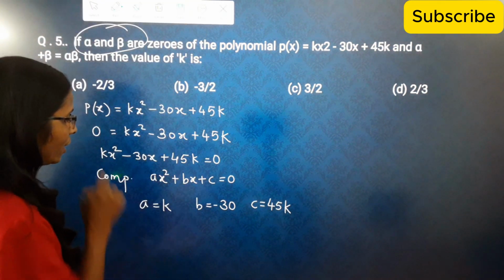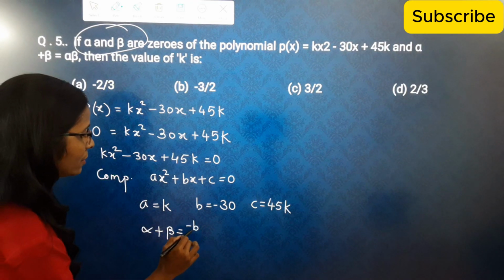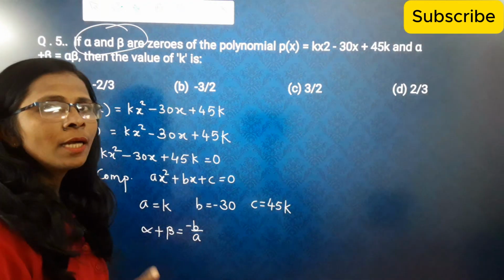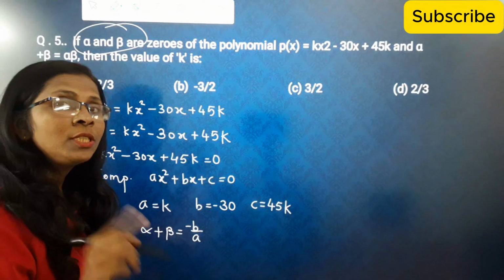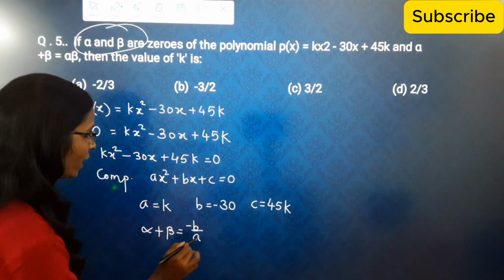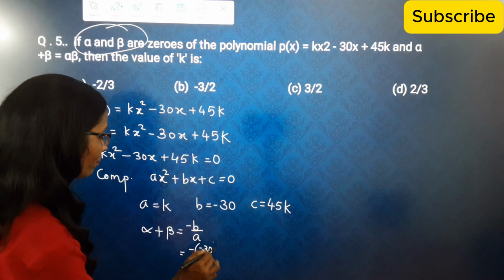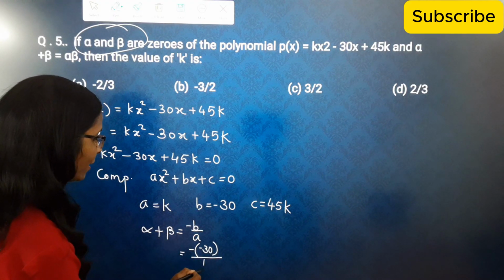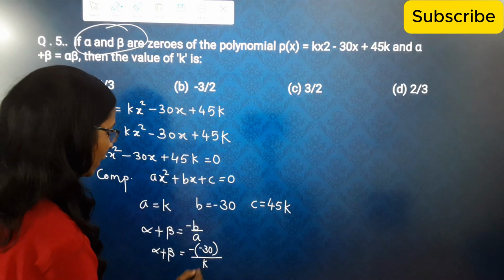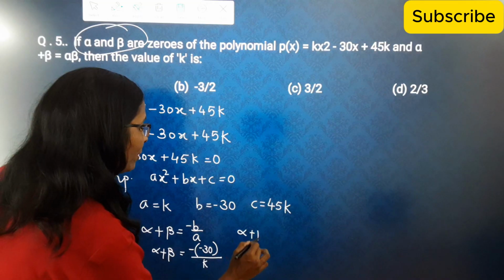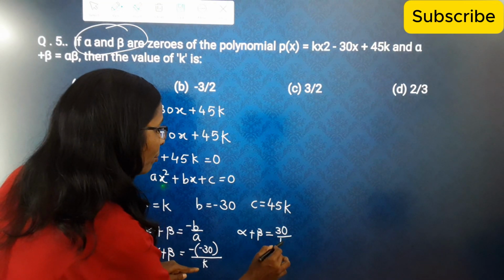So alpha plus beta, the formula is minus b upon a, the sum of the zeros. So minus of minus 30 upon k. That means alpha plus beta is equal to positive 30 upon k.